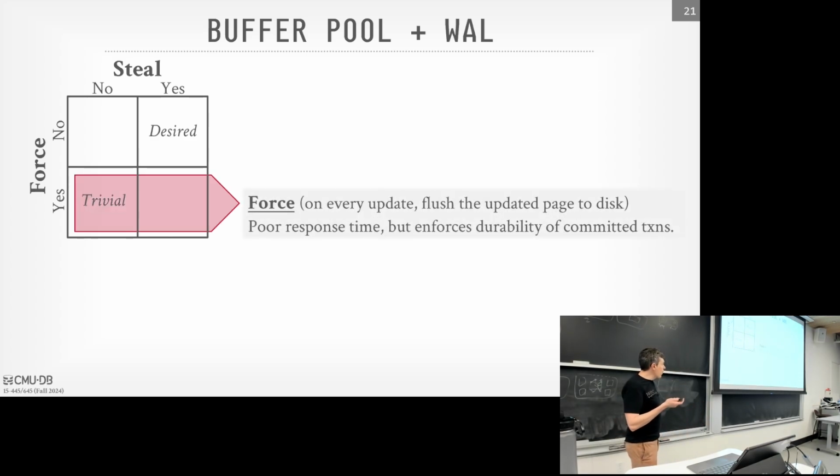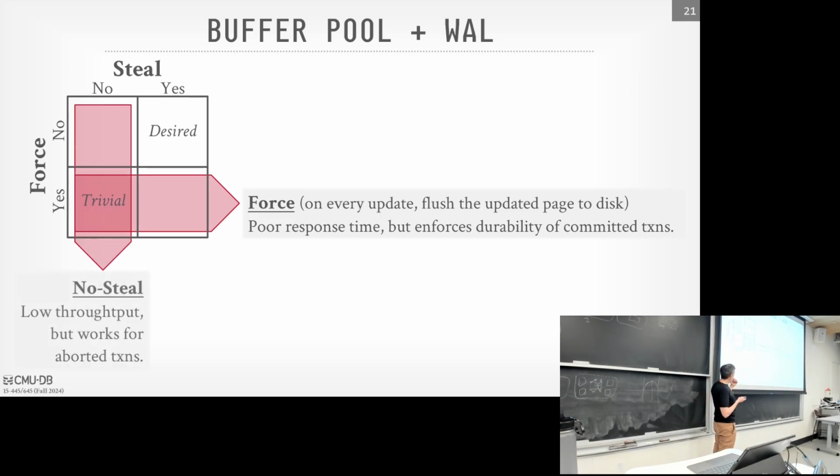So again, with force, it's going to require us to flush every page when a transaction commits, and we're going to get poor response time. With no-steal, we're going to get bad performance because we're keeping pages in memory that could have been used for new data that we might need for other transactions. But it's really easy for aborted transactions because nothing got written to disk.